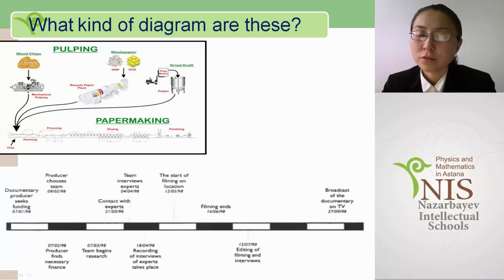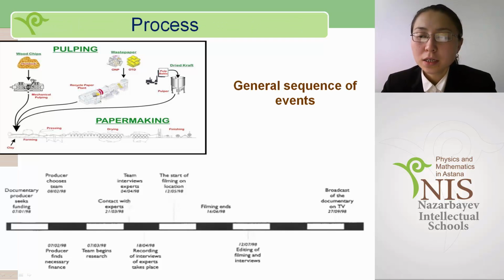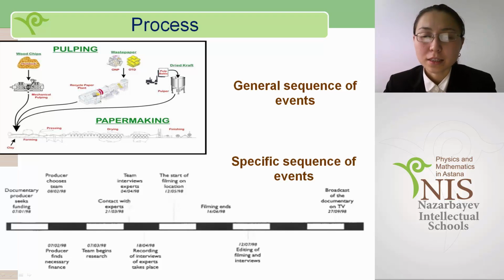What kind of diagrams are these? Good, they are process diagrams, and we have two different types of process diagrams. The first is general sequence of events, and the second is specific sequence of events.